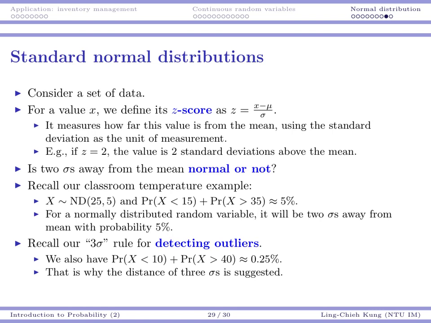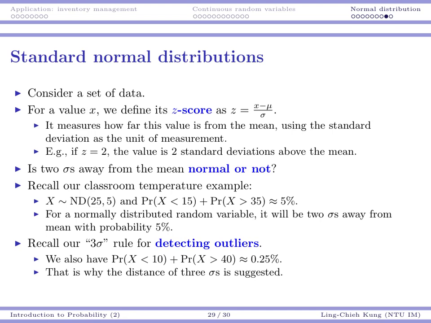Now that's the z value. Then let's ask the question: is 2 sigmas away from the mean normal or not? Is that considered normal, typical, or not? To answer this question, we want to calculate the probability for that to happen, or the probabilities for even more extreme situations to happen.